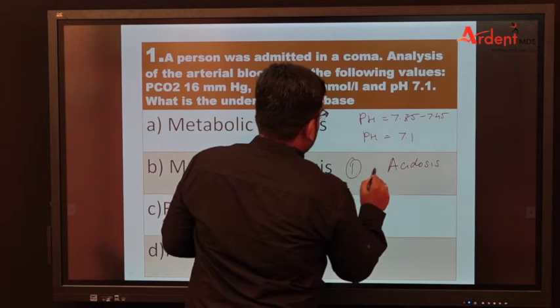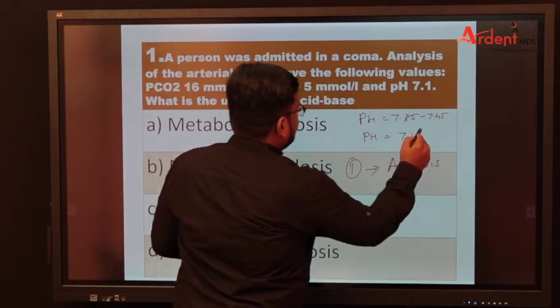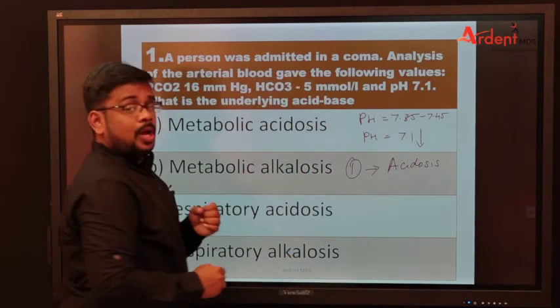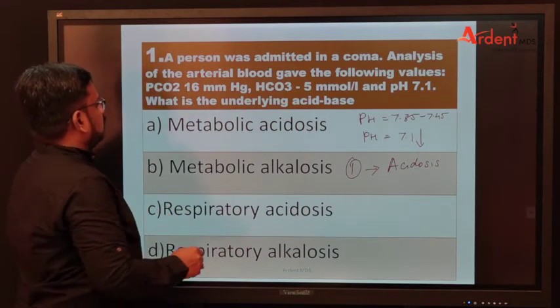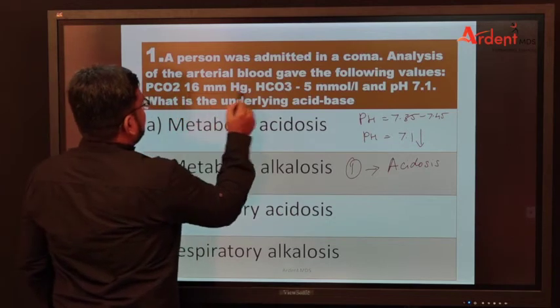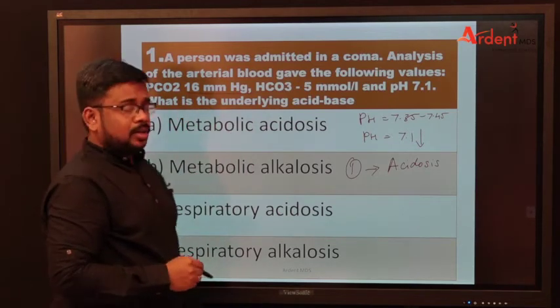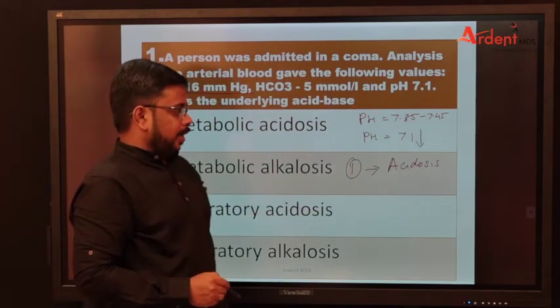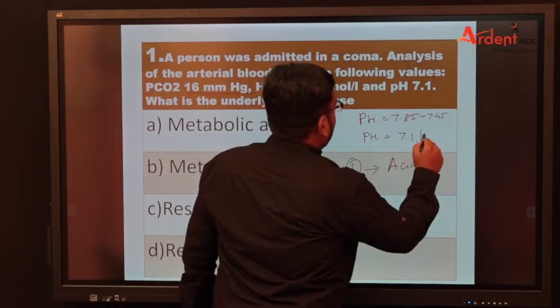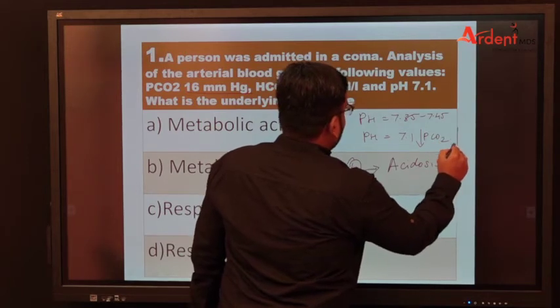Right? Second step, the pH is less. Now you have to see the partial pressure of carbon dioxide. The partial pressure of carbon dioxide is 16 millimeter mercury. What is the normal partial pressure of carbon dioxide? 35 to 45. So partial pressure of carbon dioxide also decreased.